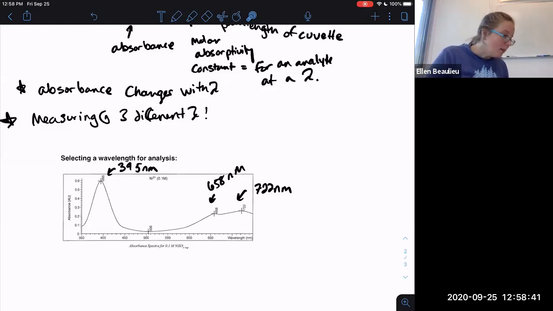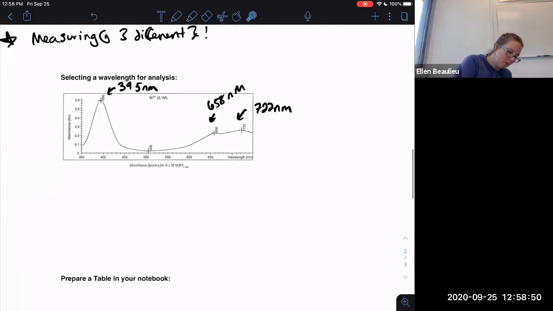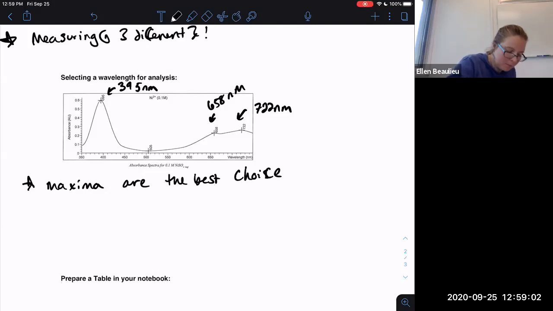Okay, let's talk about the calculations for the lab. So absorbance maxima. The maxima in this plot are the best wavelengths to choose because that substance is going to absorb well in those regions.